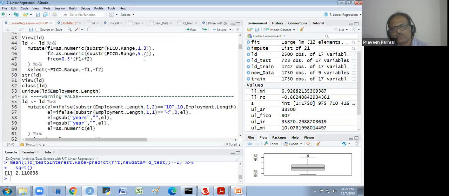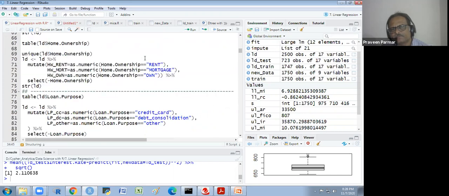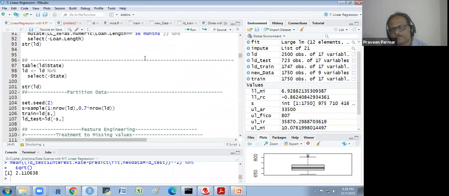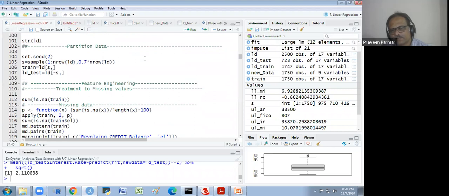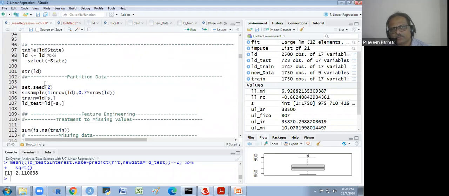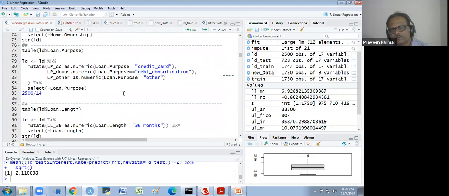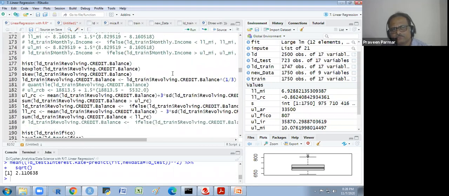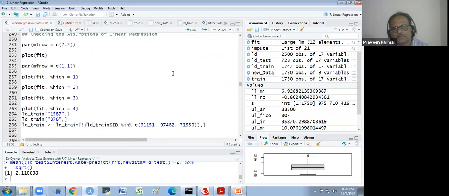This whole process is required over there. If you get the new data, this process also. Mutation is also there, should be there, because then you could get those columns. Otherwise you won't get the columns which we are using in our model.